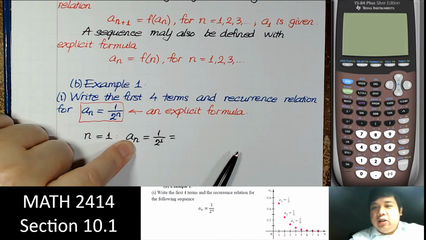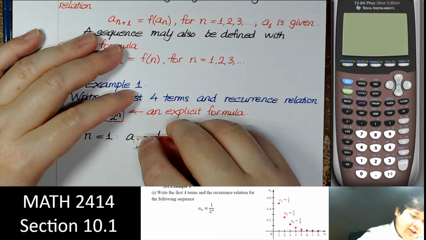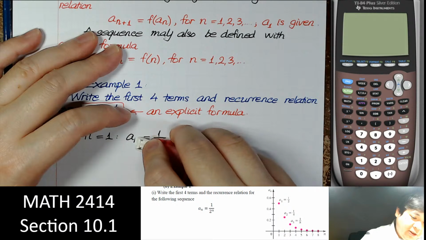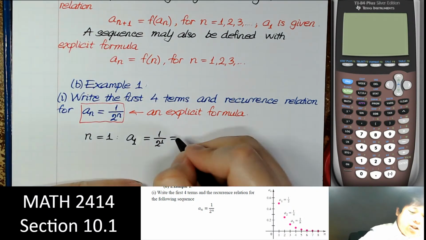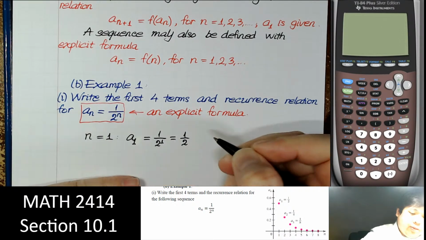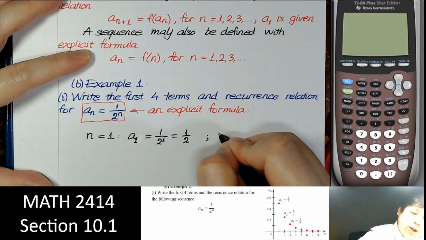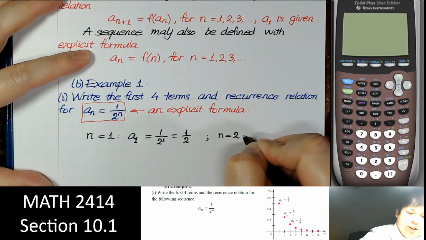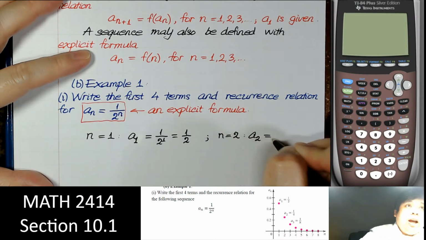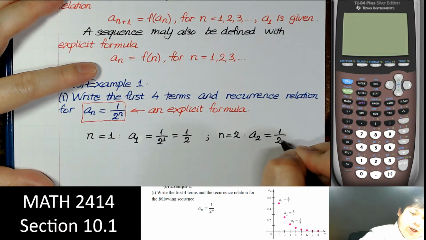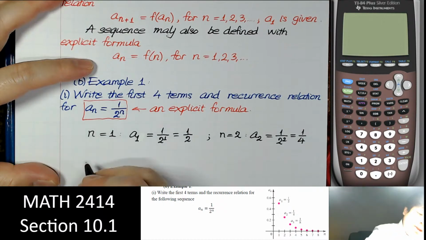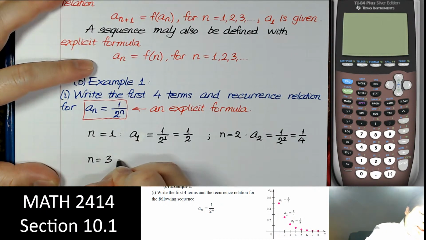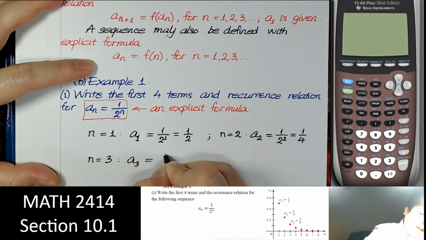So a_1 is 1 over 2, that's just 1/2. And then we choose n to be 2. a_2 will be 1 over 2 squared, 1/4. N equal to 3. a_3, 1 over 2 cubed, 1/8.